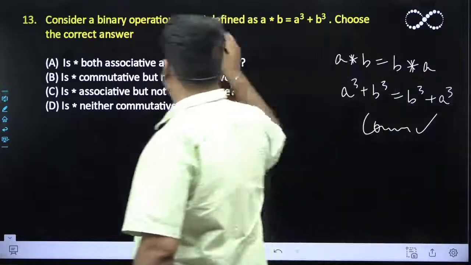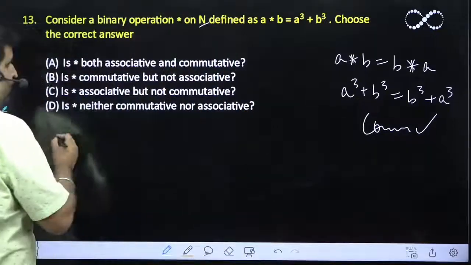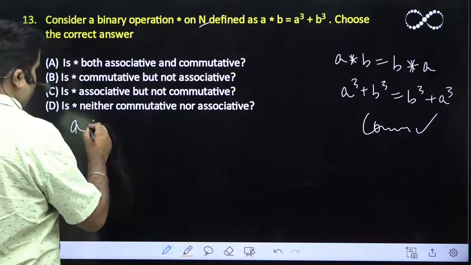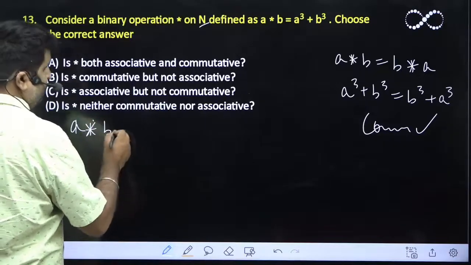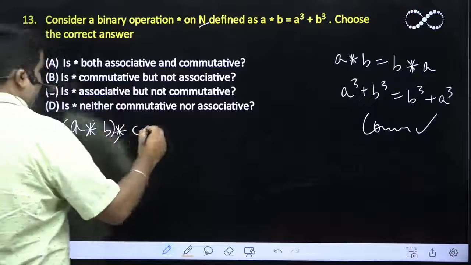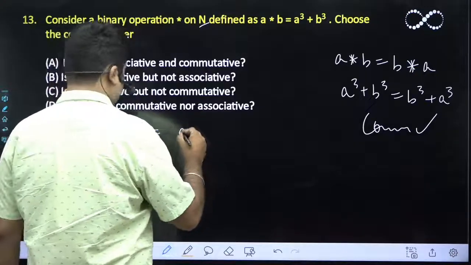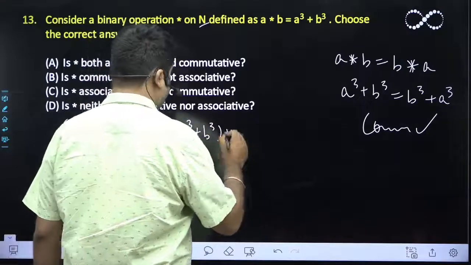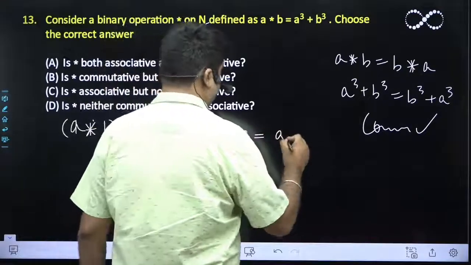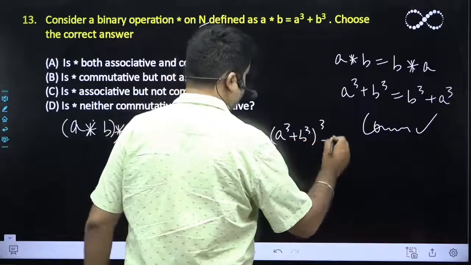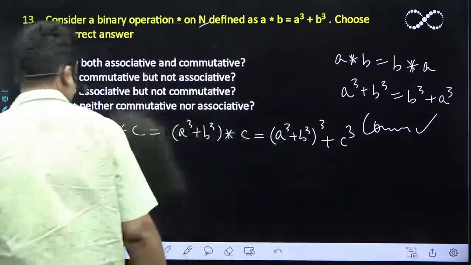So this function is defined on natural numbers. So we'll take examples, or we just solve like this. What is A star B star C? This is equal to A cube plus B cube star C. This is equal to A cube plus B cube plus C cube, right?